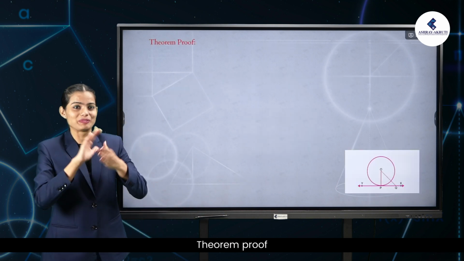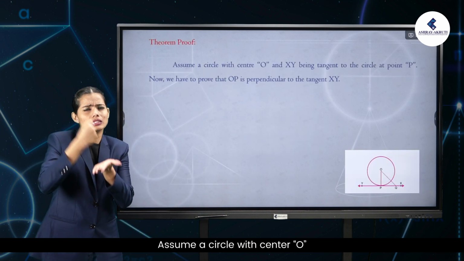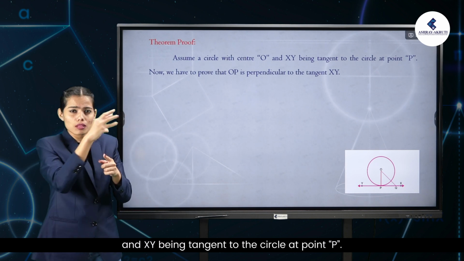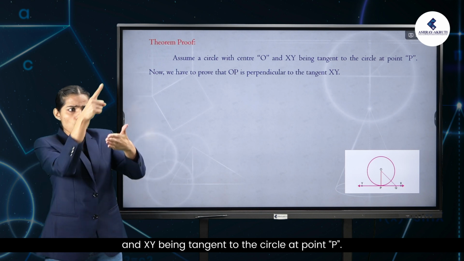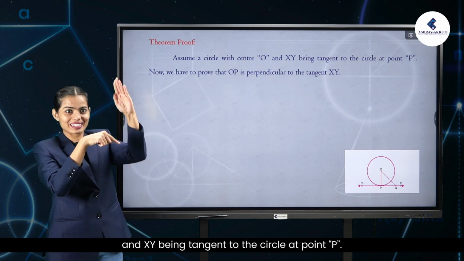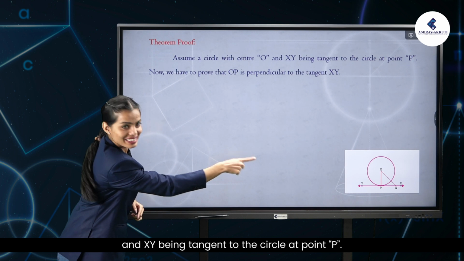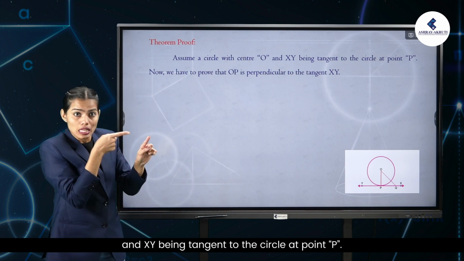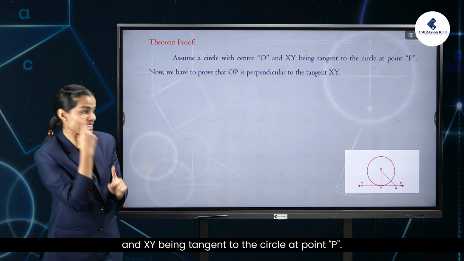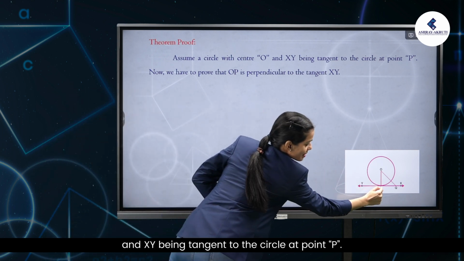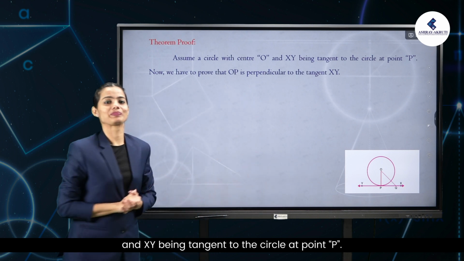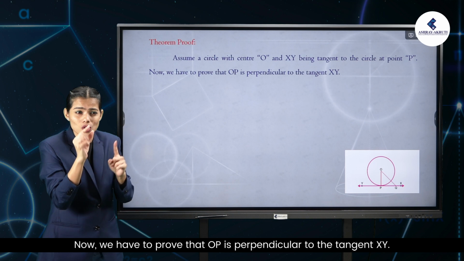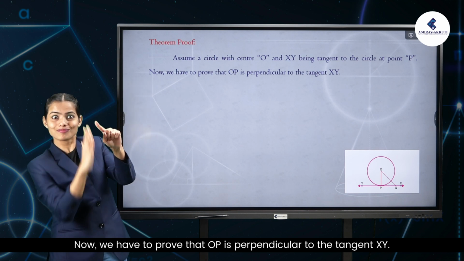Theorem proof. Assume a circle with center O and XY being tangent to the circle at point P. Now, we have to prove that OP is perpendicular to the tangent XY.